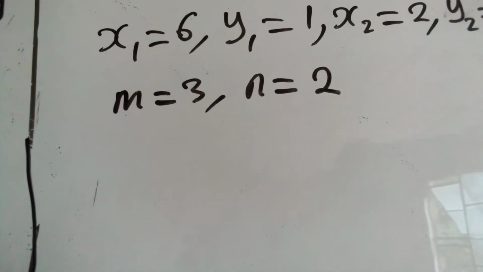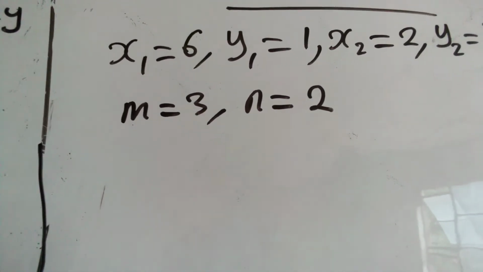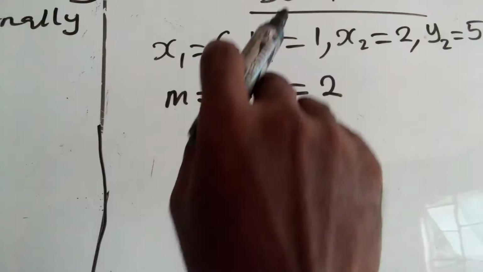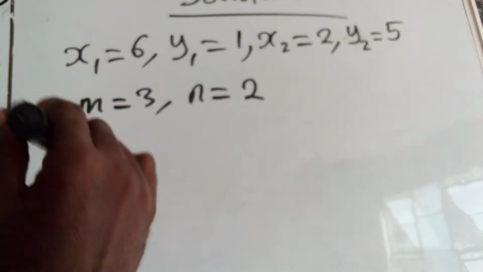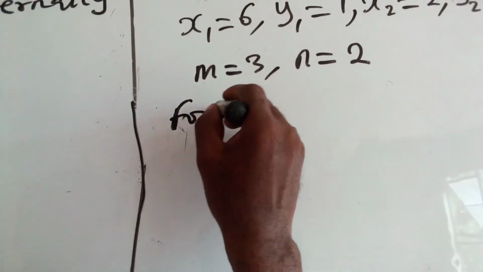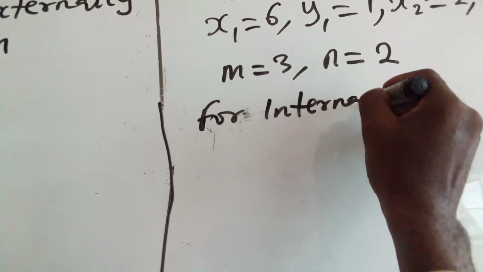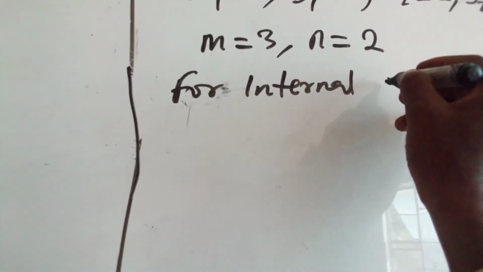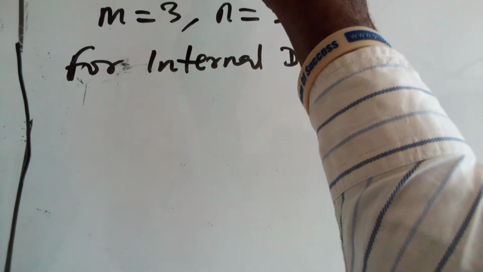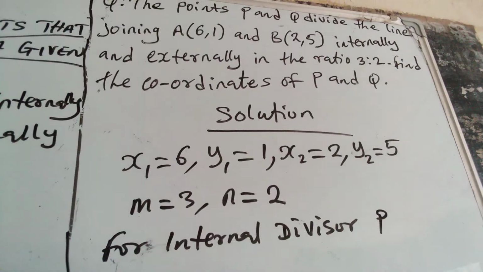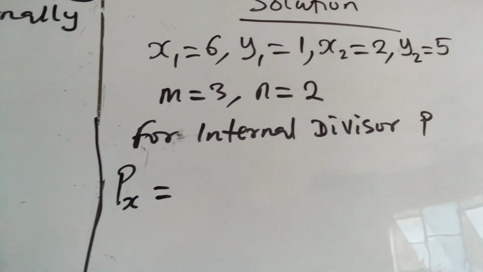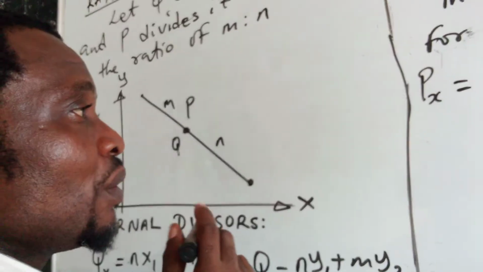So if you want to get your internal division, like in this case now, P stands for our internal. So you say internal divisor, P. If you want to get the x coordinate for internal, you go to the formula of internal, which is plus.